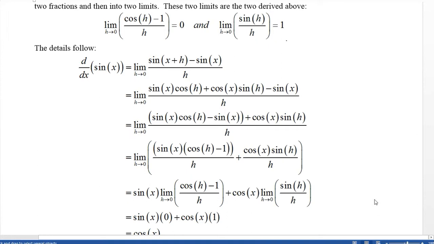So we have sine of x times the limit as h goes to 0 of cosine h minus 1 over h, plus cosine of x times the limit as h goes to 0 of sine of h over h.